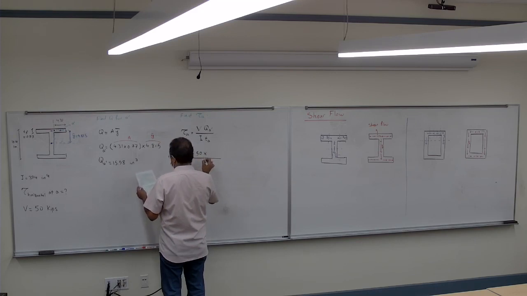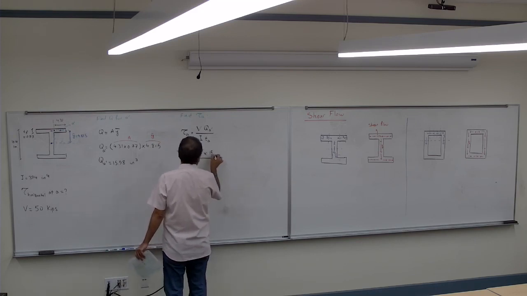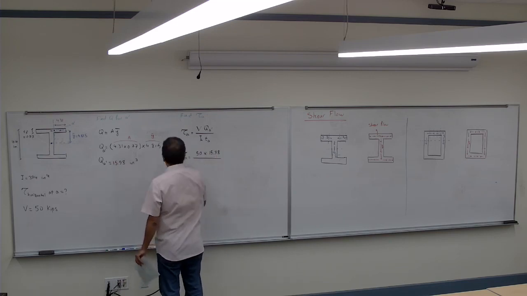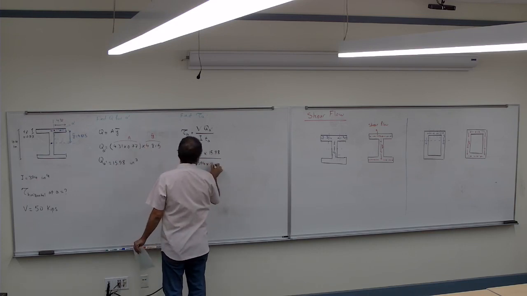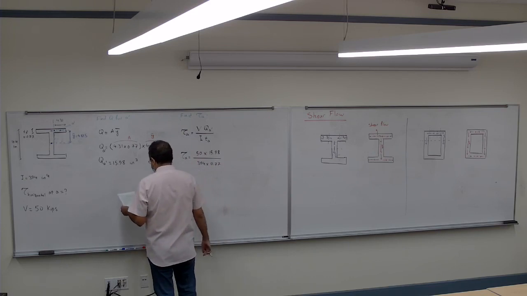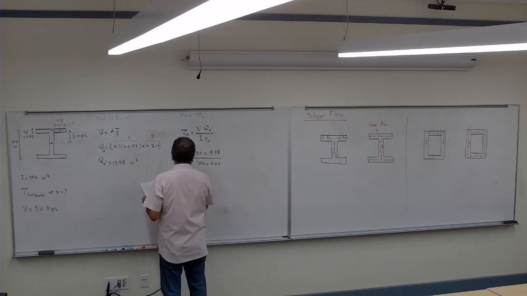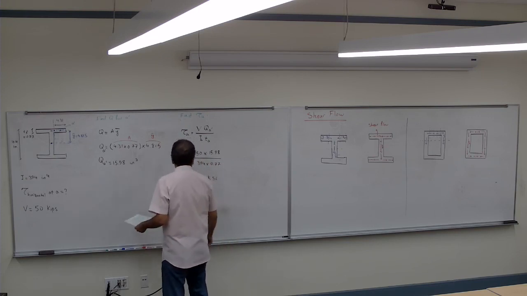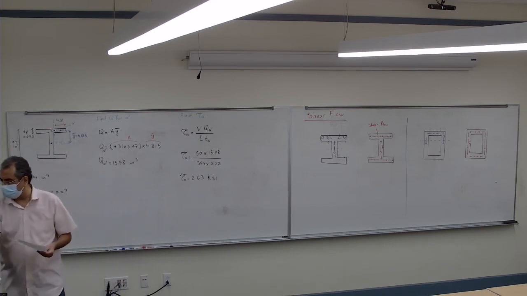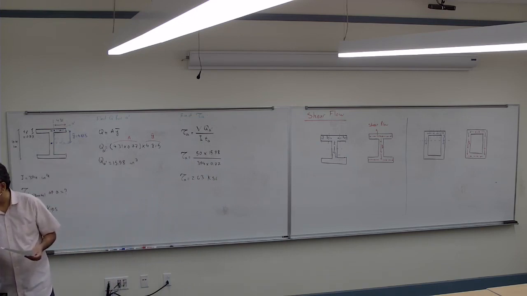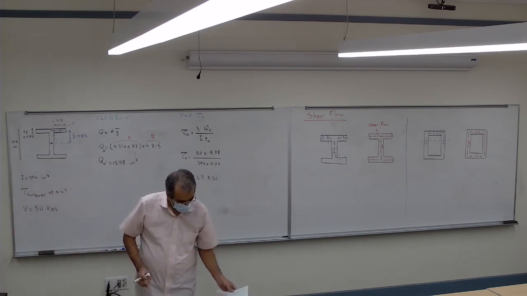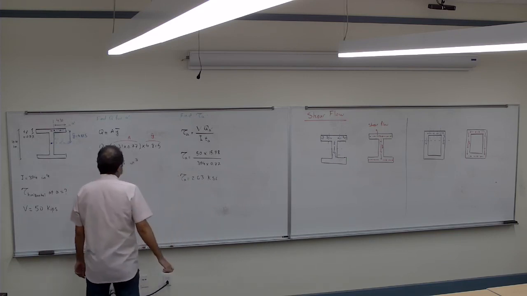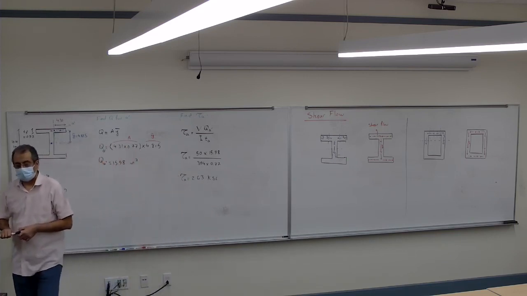The Q is 15.98. The I is given 394, and the t is going to be 0.77, which the tau at A should come out as 2.63 if I have everything right. Any questions?